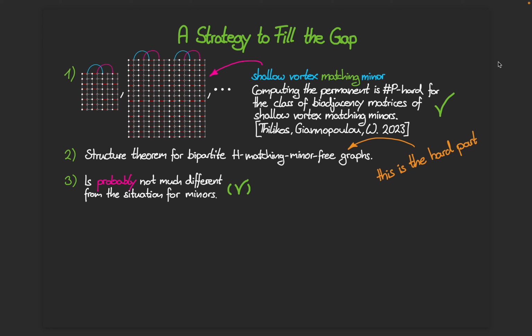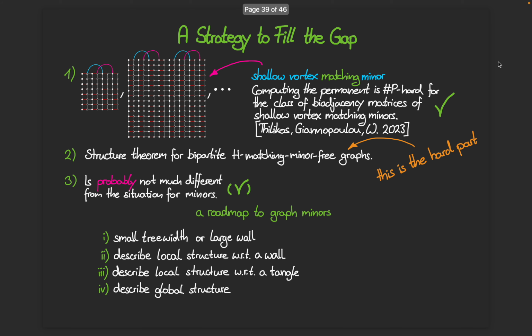So this third point seems to be mostly fine. There are some details that need to be checked, but at the current stage, this is probably not the hard step. The hard step is the second one, namely this general structure theory.